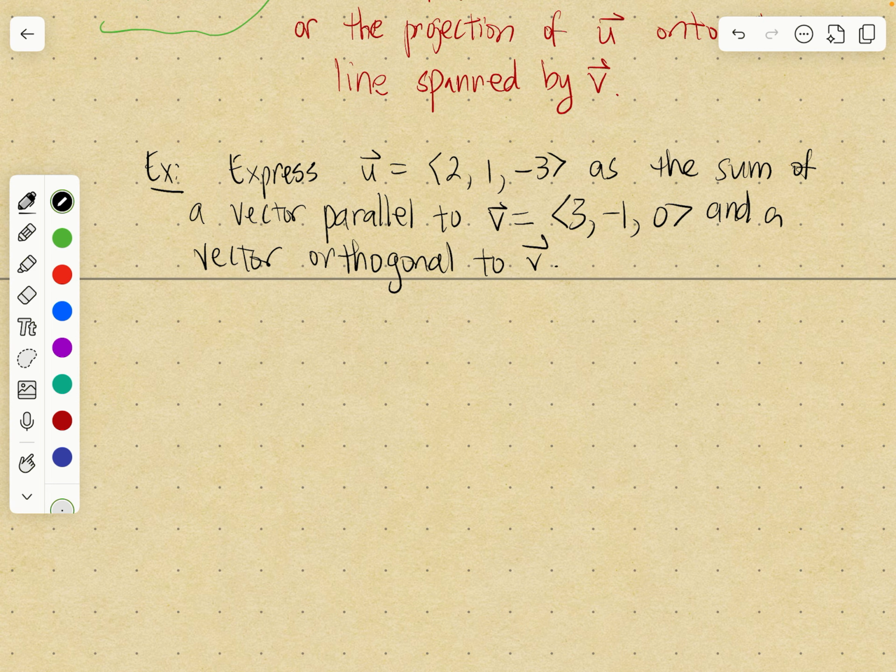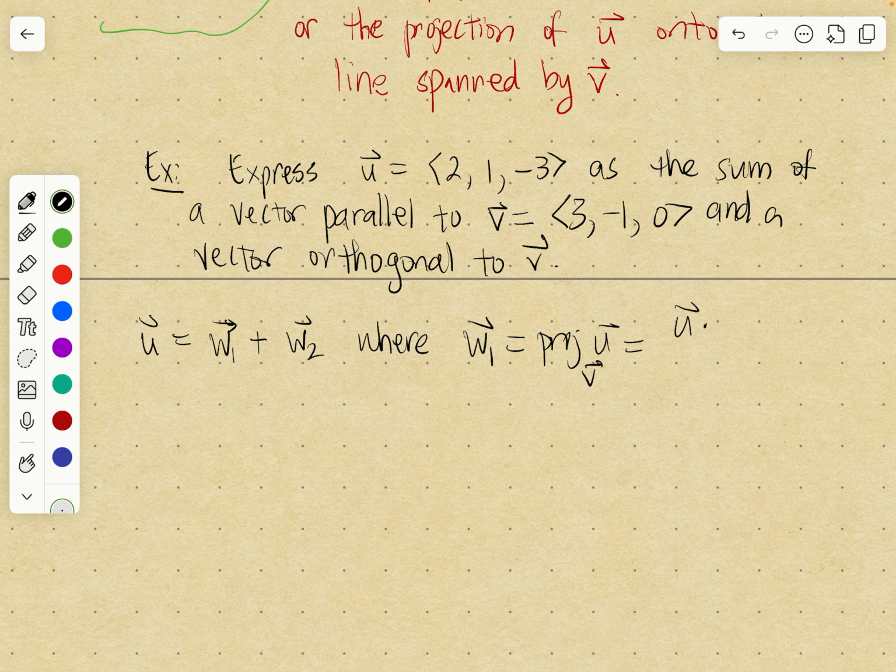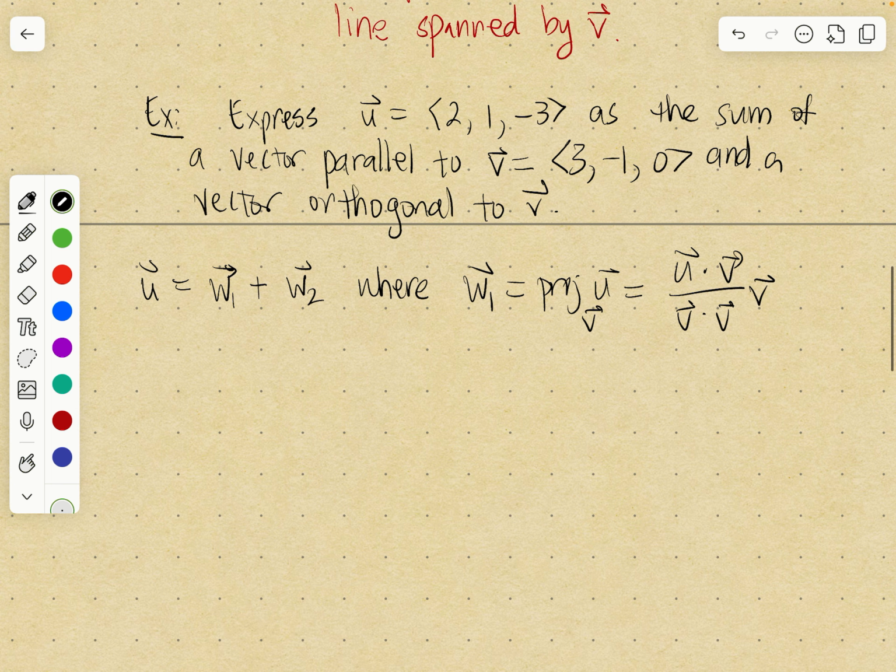Well, that's easy. We just use the formula. So the answer is U equals W1 plus W2, where W1 is the projection of U onto V, and the formula is U dot V over V dot V, V. And W2 is just U minus W1.